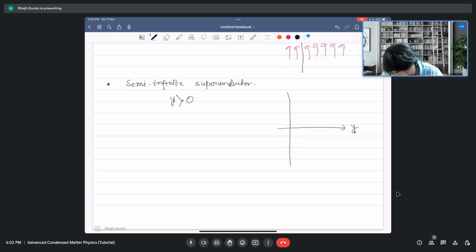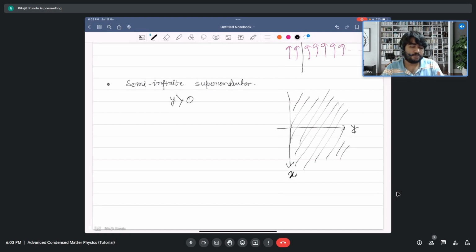So that means this whole region is my superconductor, and the rest of the part is like vacuum. And this direction is your x-axis.